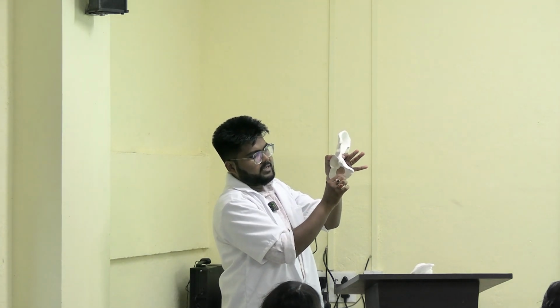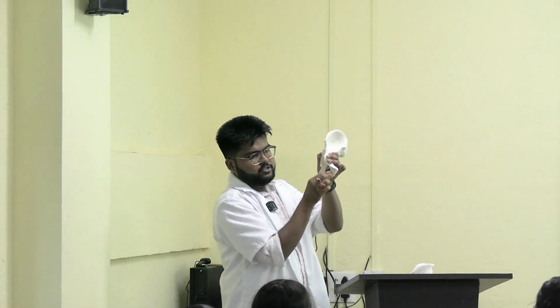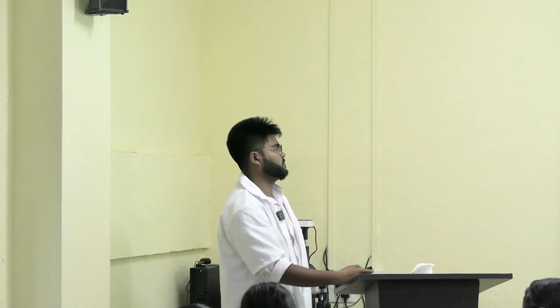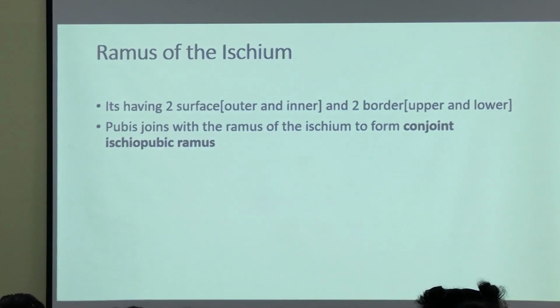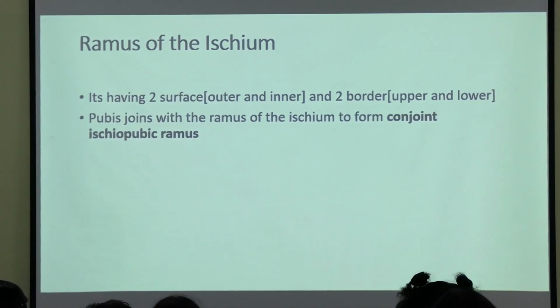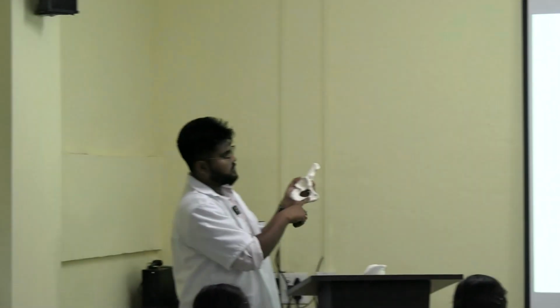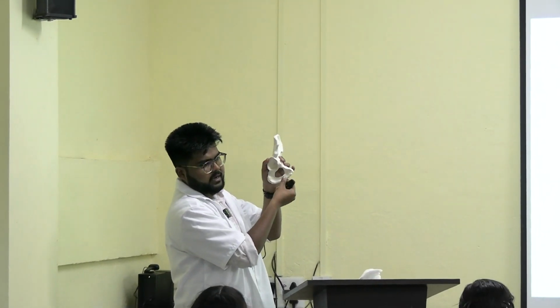These 2 rami are conjoined together and form the conjoined ischiopubic ramus. The pubis joins with the ramus part of the ischium and forms the conjoined ischiopubic ramus, this part.